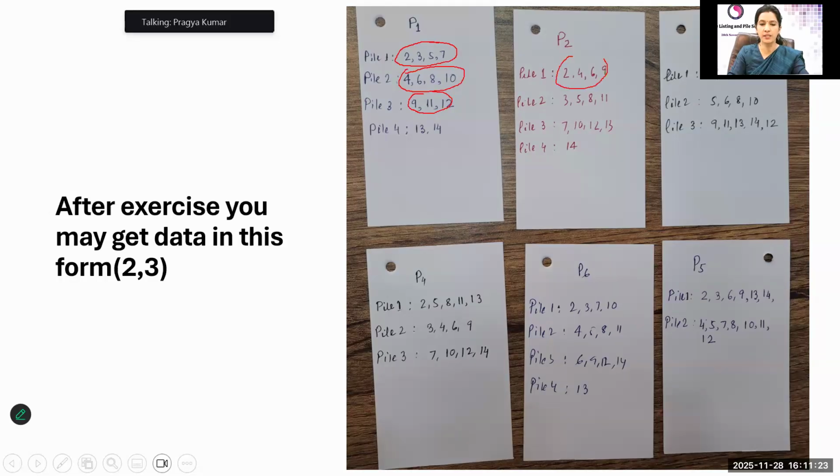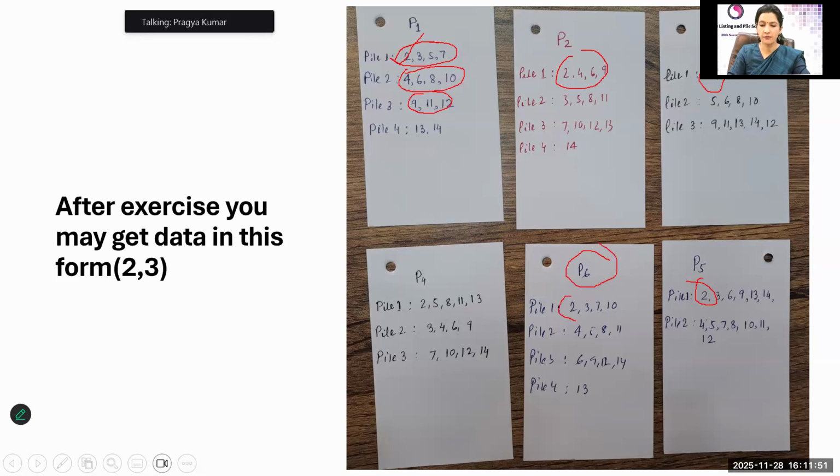If you see items 2 and 3, they are kept in pile 1 by the first participant, and participant 3 has also kept them in pile 1. Participant 5 has also kept them in pile 1. And participant 6 has also kept them in pile 1.